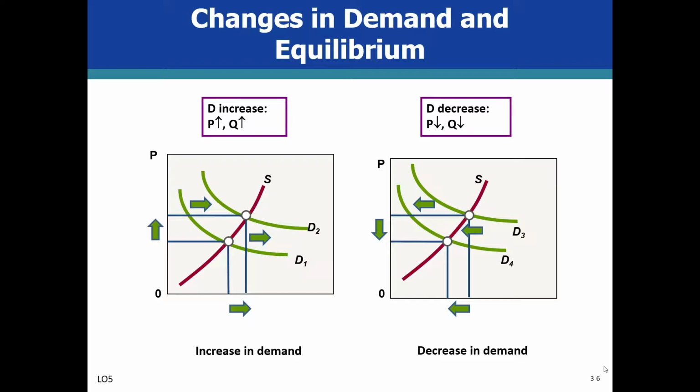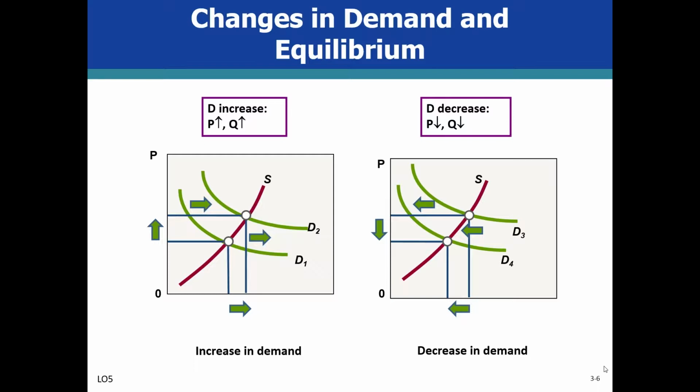Demand increases from D1 to D2. Let's assume an increase in population. What happens? Price increases, and this leads to an increase in the quantity supplied. The right-hand graph shows a decrease in demand.